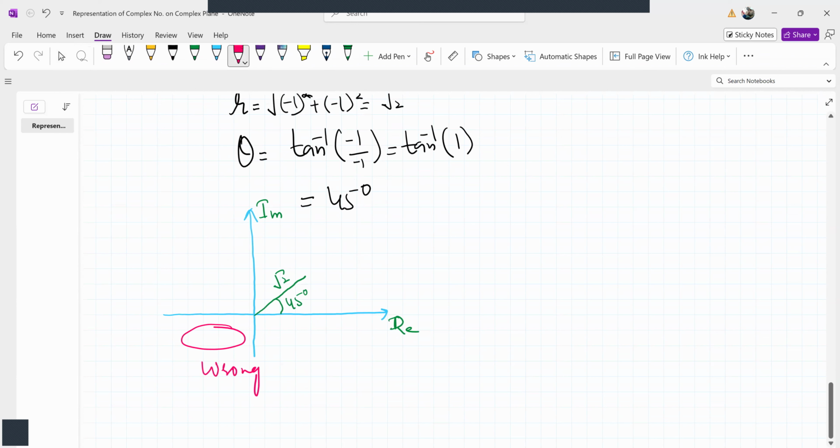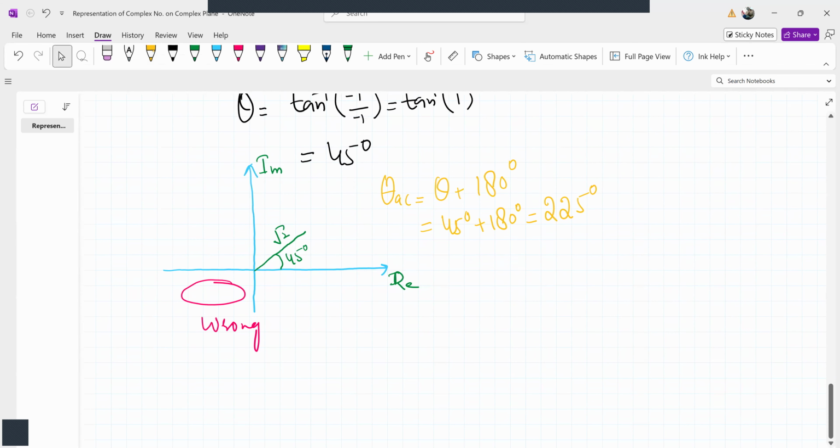So how do we rectify this angle? To rectify this, we'll say theta actual in this case will be simply theta plus 180 degrees. How much is theta returned by the calculator? 45 degrees plus 180 degrees, that is equal to 225 degrees. So now this is positive 225 degrees.